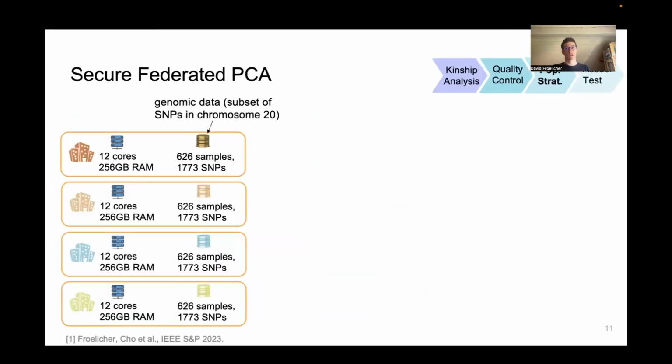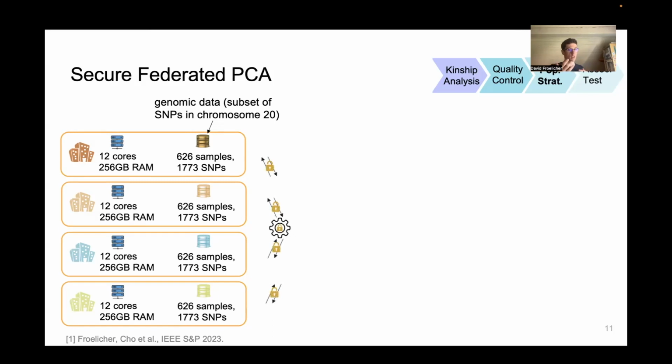We have developed a solution that is specially focused on the PCA step, which is a complex step often executed on large-scale input. We have presented this work in a paper that was published this year at IEEE SNP, and we show there multiple optimizations to perform this efficiently across distributed data.